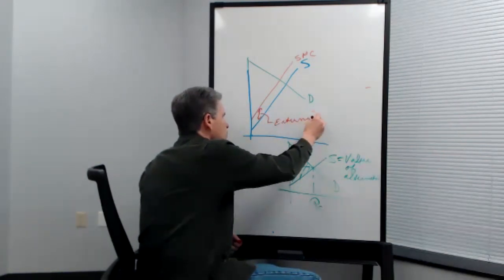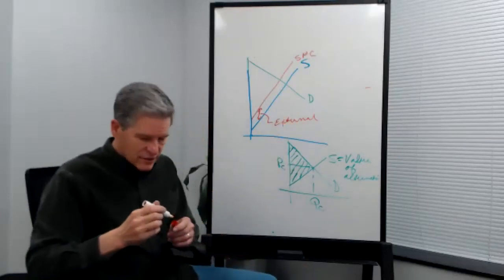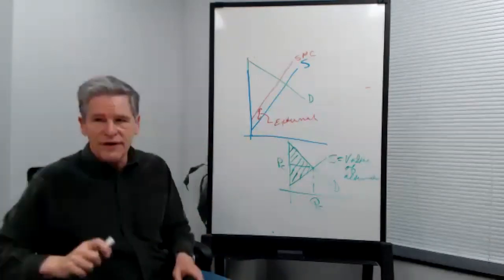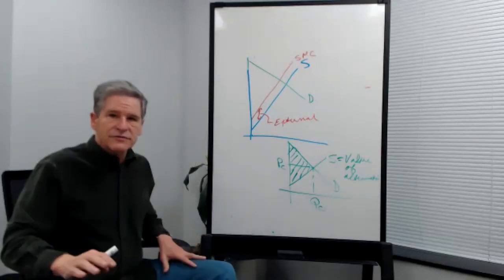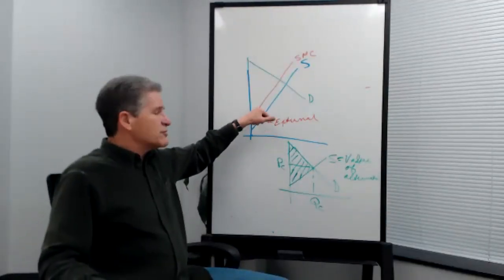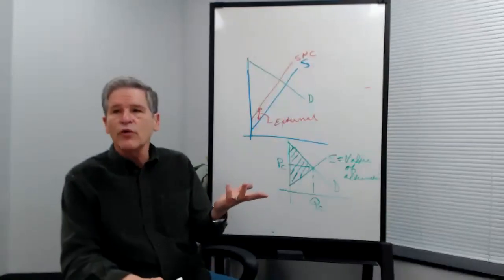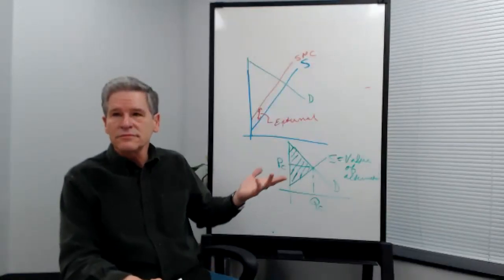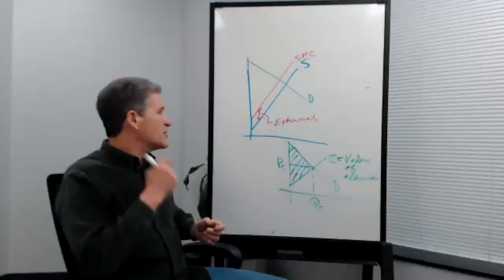When I do more of whatever it is, it impacts the welfare of others. And we're going to measure that by asking, how much would they pay to avoid it? Okay? How much would they pay to avoid that cost?